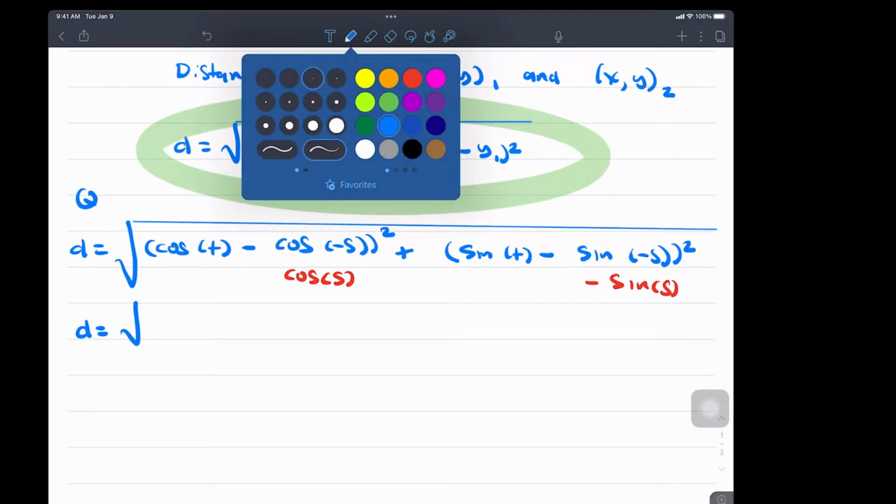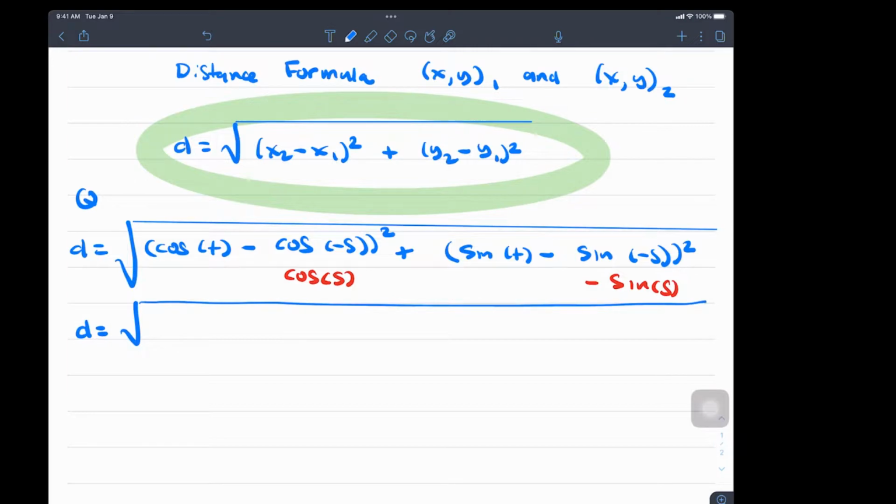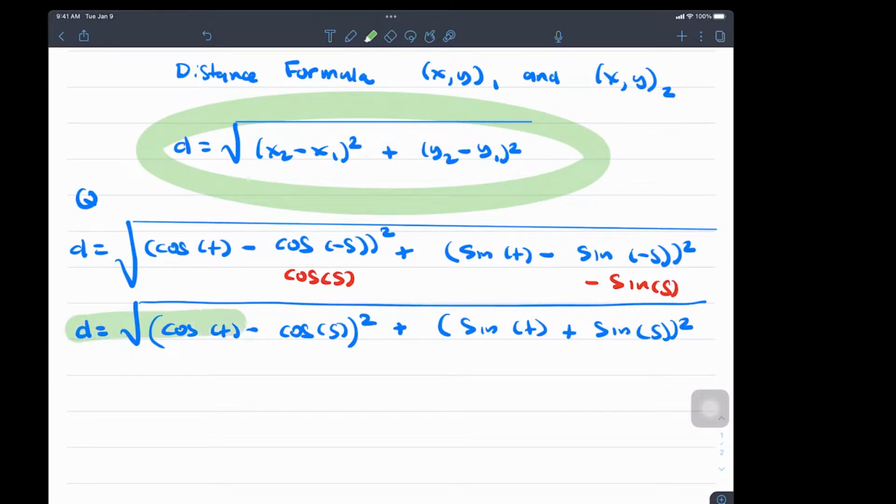So we can simplify this a bit: the square root of (cosine t minus cosine s) squared plus (sine t plus sine s) squared. So this is for the Q's, okay?